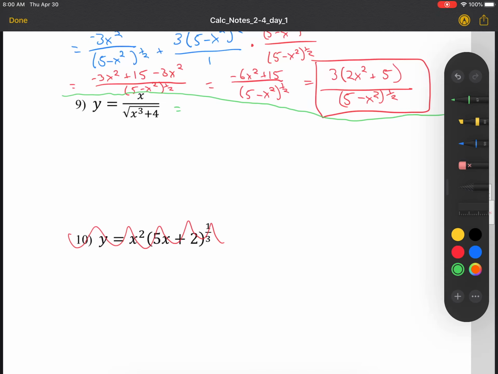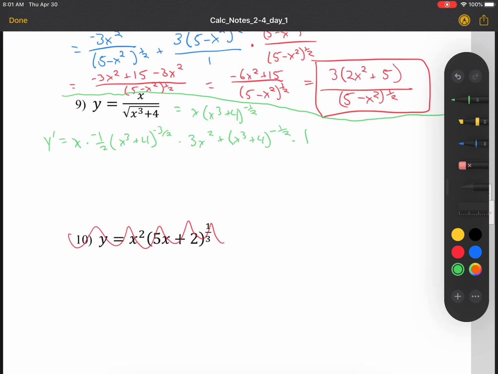So now when we take the derivative, we got our high d low minus low d high over the low low, times 1.